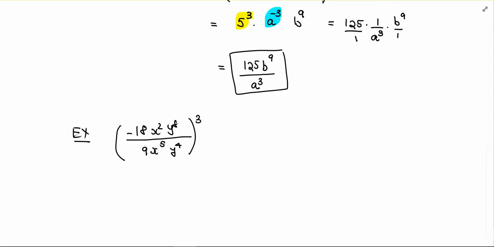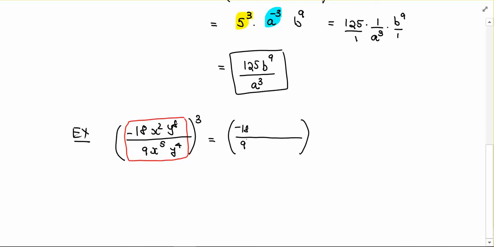Again, I'm going to work inside the group because that's the first place, and I'm going to be careful about the way I write this. I'm going to space myself out so I can pair everybody up, group everybody who has to be grouped. So the 18 is with the 9, the x squared is with the x to the 5th, and the y to the 8th is with the y to the 4th, and of course there is this 3.